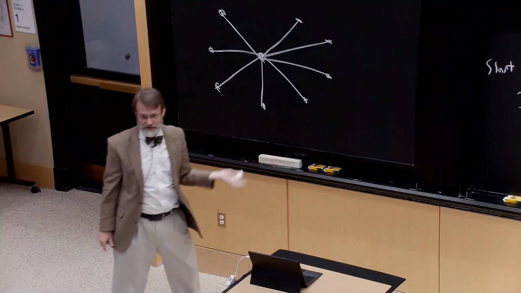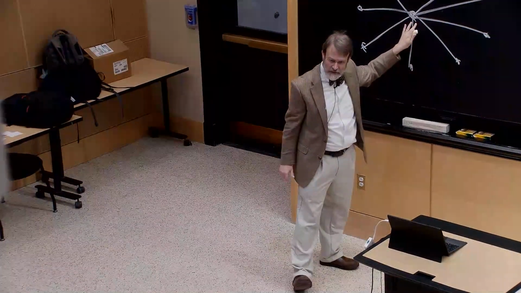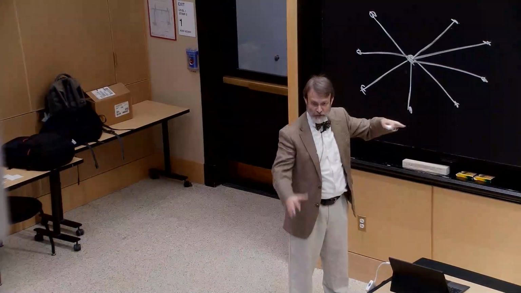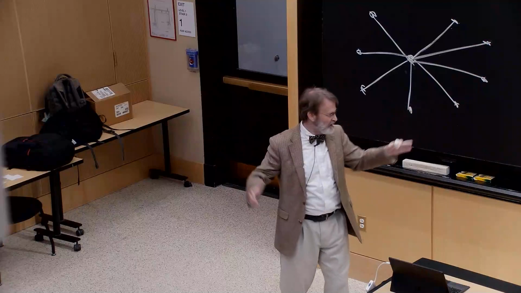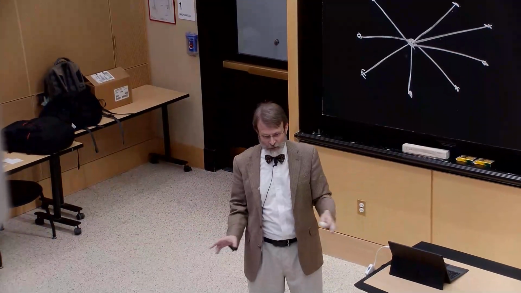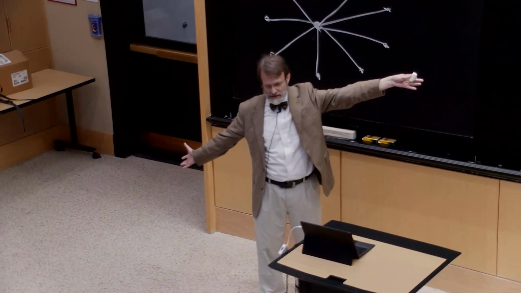These are sometimes called star graphs. Sometimes this will be called a supernode. This might be Google or Microsoft or some really popular entity, and these are us.